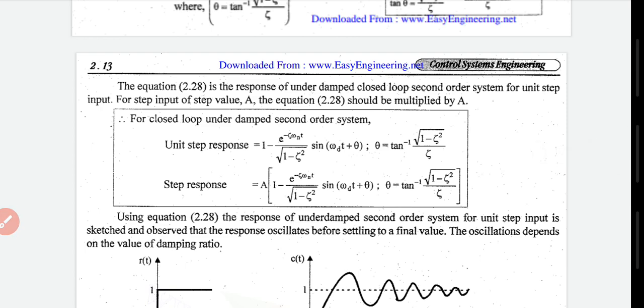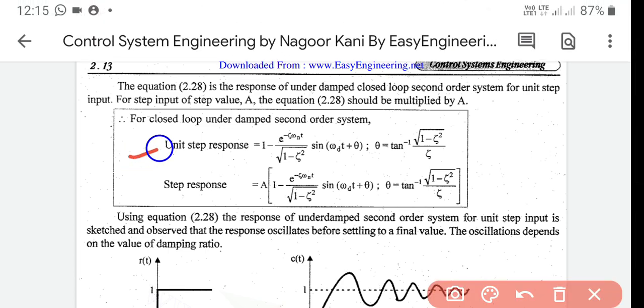Okay, and you know that for unit step response, this is the equation. If it is a step response, you have to consider the magnitude of a. So a into what is the value? 1 minus e power minus zeta omega n t by square root of 1 minus zeta square sin of omega d t plus theta.